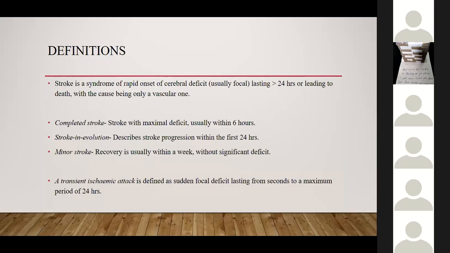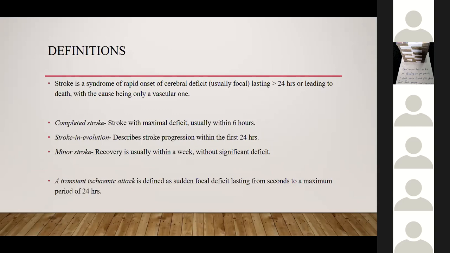So if we talk about stroke, you hear people saying stroke. What does it mean? This definition is essential that you should know, because there's a time frame attached to it, and they are also specific in saying that whatever damage is happening is arising from a vascular source.